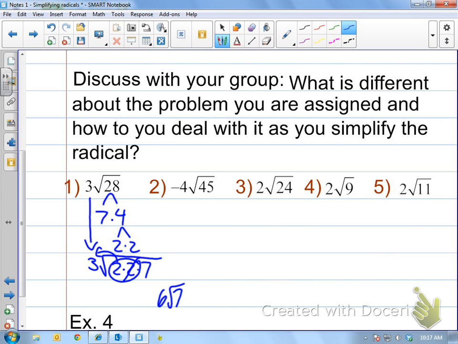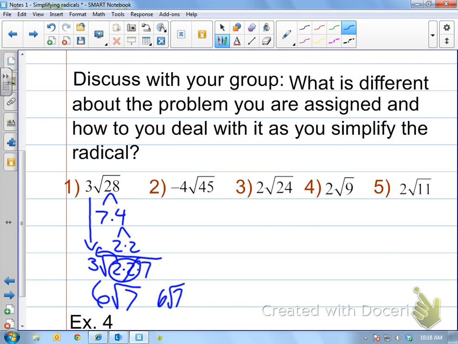We multiplied it. Okay? When there's already a number outside, we multiply. 3 times 2 is 6. And then we leave the 7. Okay, so there's our first one.